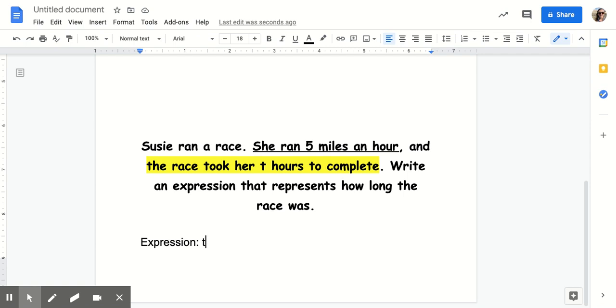Well, I know that she went 5 miles per hour, so I'm going to take T and divide it by 5. So now my expression is T divided by 5, or the amount of hours that it took her to complete divided by her speed, in order to figure out how long this race was.